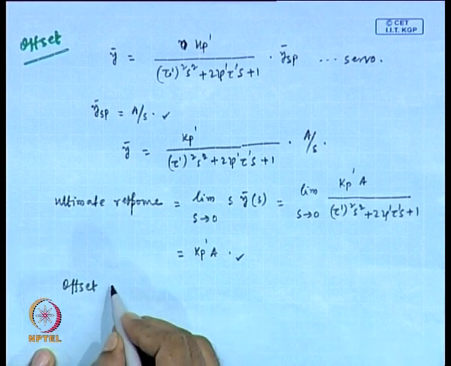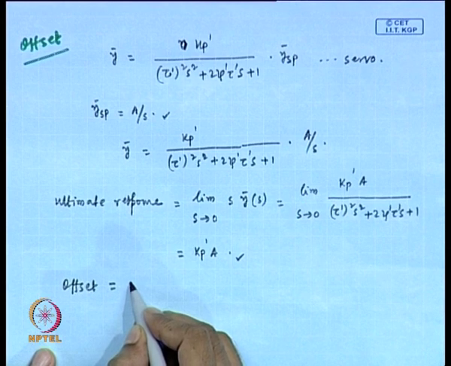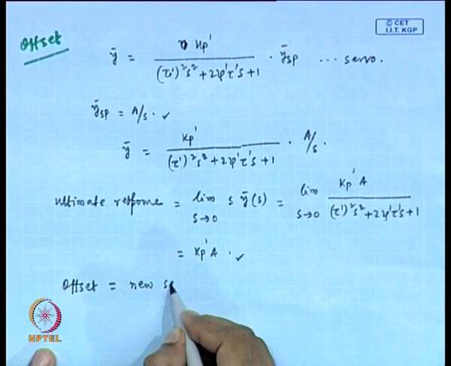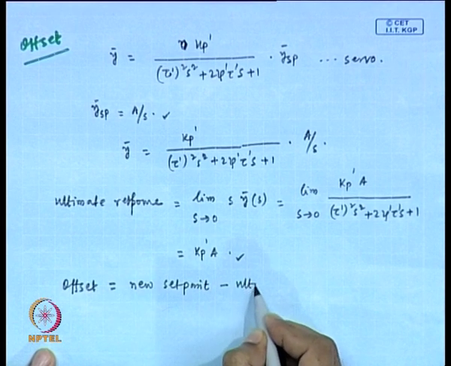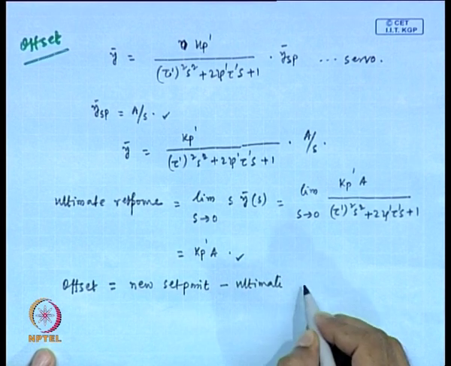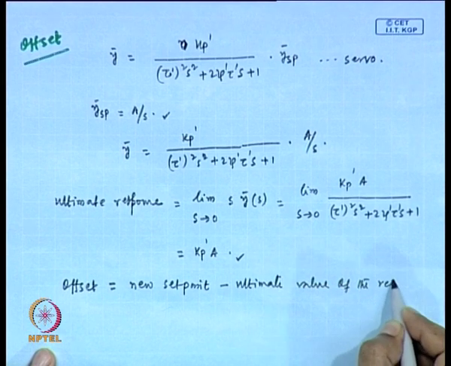We know the offset equals new set point minus the ultimate value of the response.